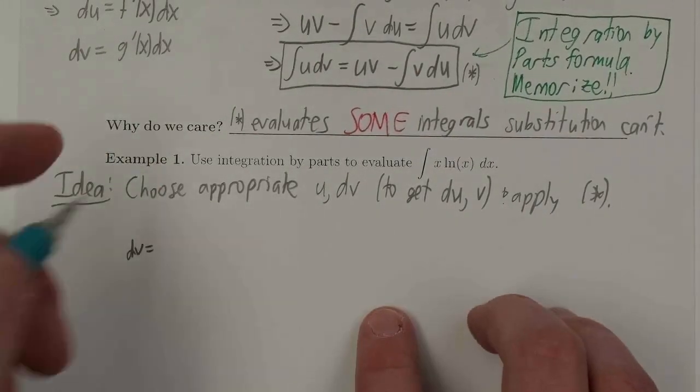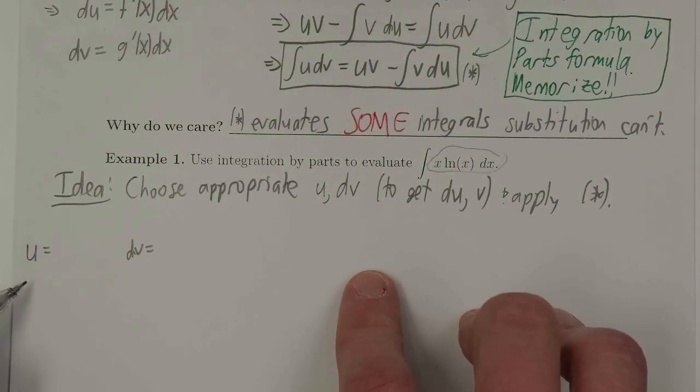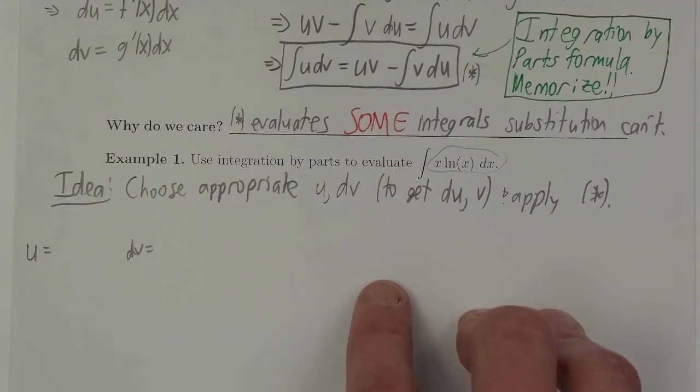So if you were to take a look at this integral and see how we could deconstruct it into u and dv, what would be a good choice? Just picking an arbitrary candidate. Natural log of x.